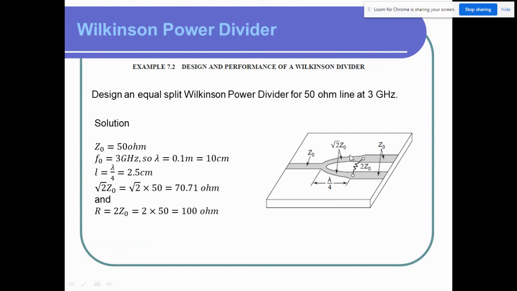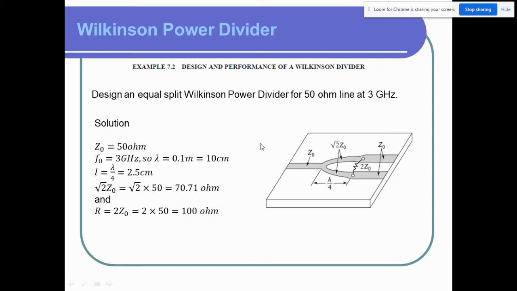And then the impedances of these lines are root 2 Z naught, which is 70.71 ohm. And the R, this one, is 2 Z naught, which is equal to 100 ohm. So this is the design.